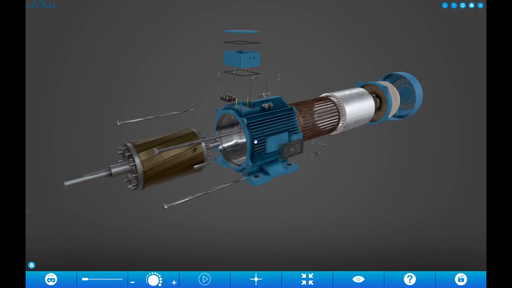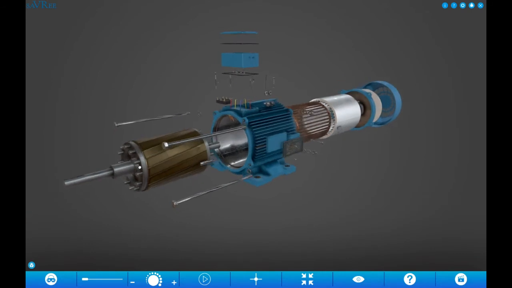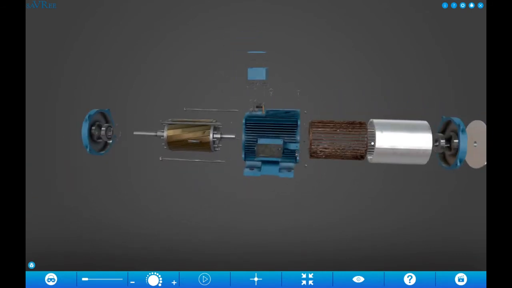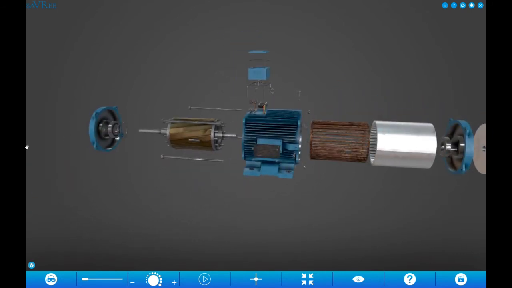There are a lot of other components which we will discuss later, in some next slides. And this rotor is actually rotating. If you notice here, there are two bearings, this one bearing and this one bearing.